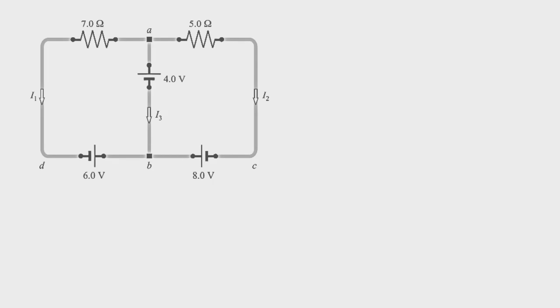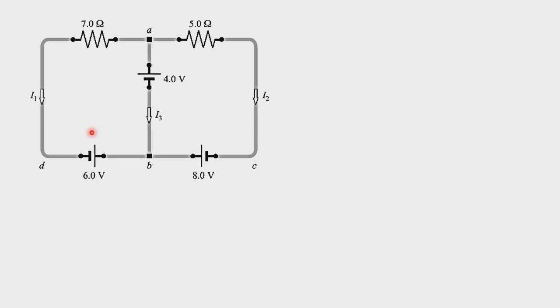So this is a problem where we can apply the principles of the Kirchhoff's node rule and the Kirchhoff's loop rule. You see that we have a closed circuit of a 7 ohm resistor that is connected to a node at A, and then we also have a 5 ohm resistor, and then there are voltages.